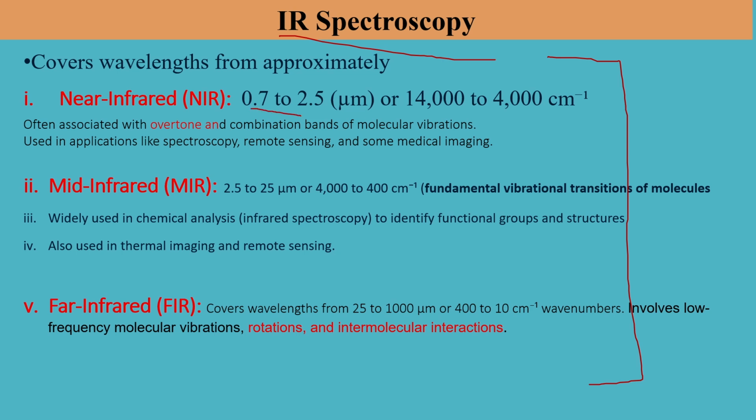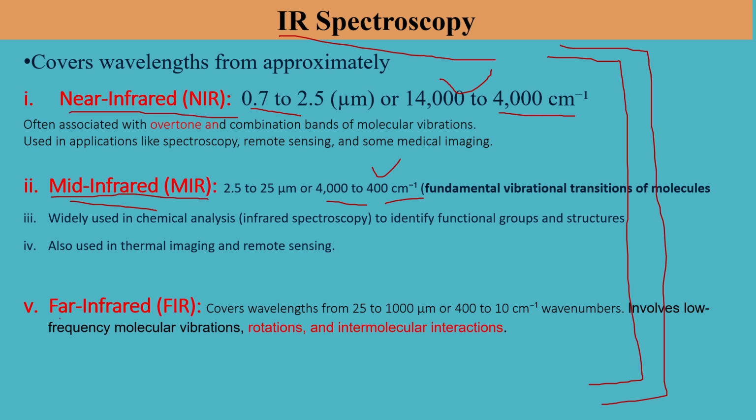Near IR, with wave number 14,000 to 4000 centimeters inverse, or in wavelength 0.7 to 2.5 micrometer or micron. This is in wave number. So the whole IR range is divided into three categories: NIR, MIR, and FIR.